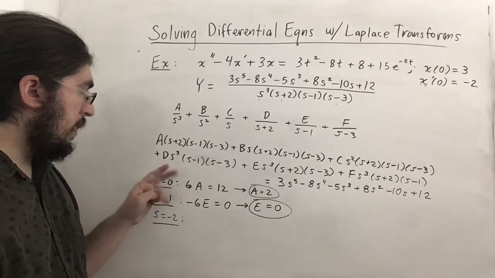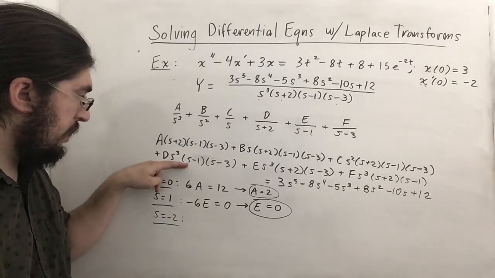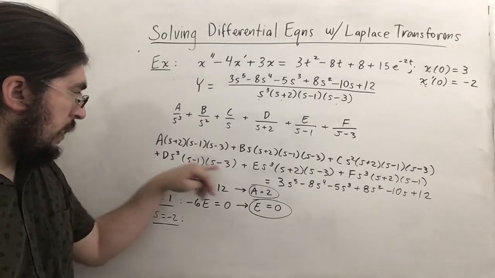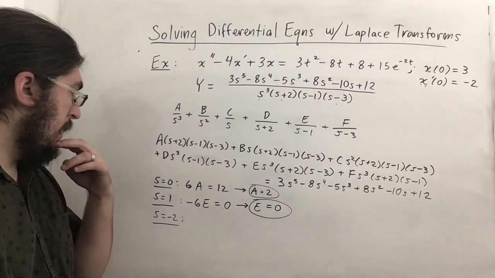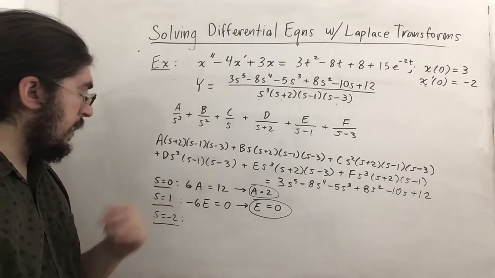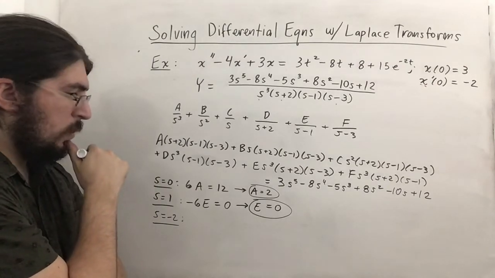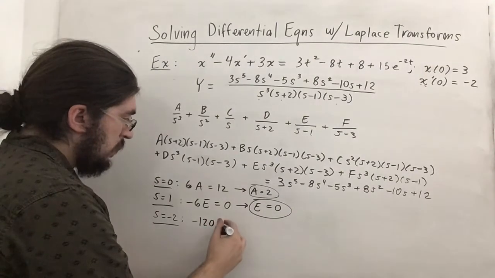So let's see, what do we end up with? So it's 8 minus negative 8 times negative 3. So they're all negative, I guess. So it's going to be 8 times 3 times 5. Right, so 8 times 3, that's going to be 24, and 24 times 5 is 120. So it's going to be negative 120 actually. So you get negative 120d.